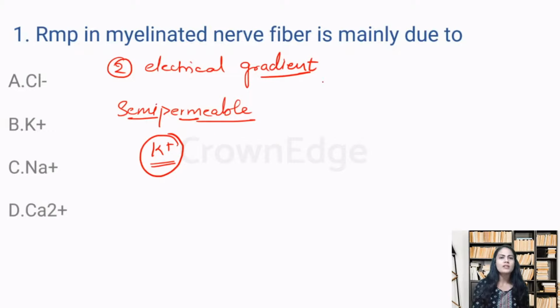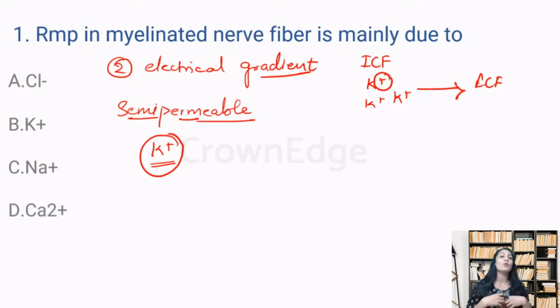We just learned that it is more in ICF, so what is going to happen? Obviously, it is going to move outside into the ECF. It contains positive charge. If the positive ion leaves the cell, definitely the negative charge will be left inside the cell.